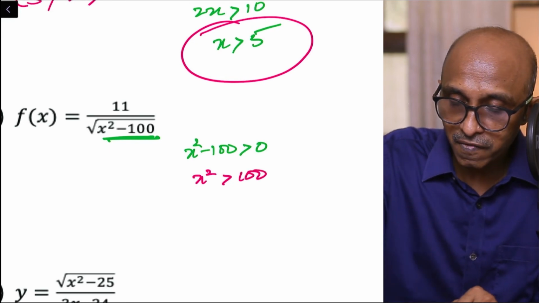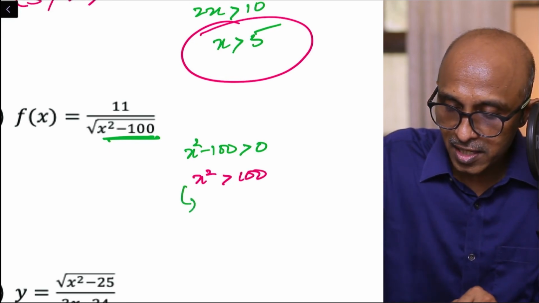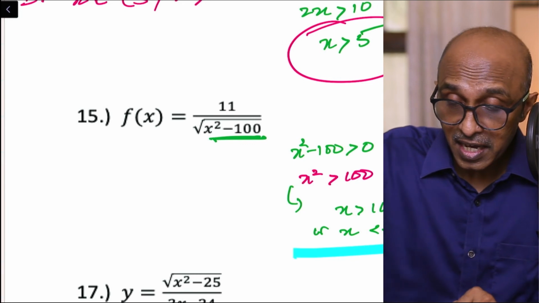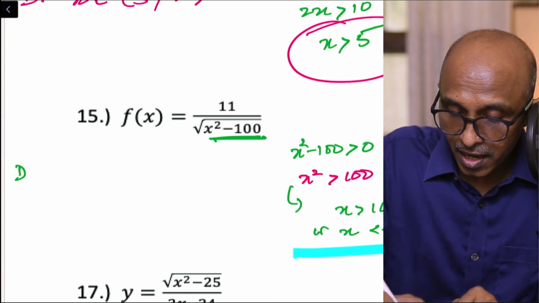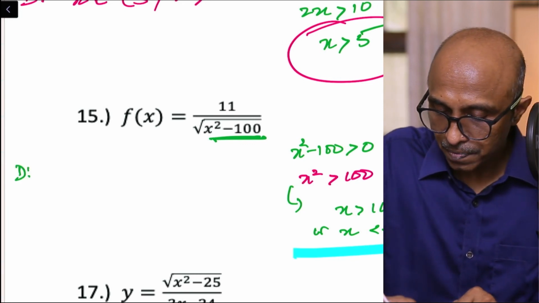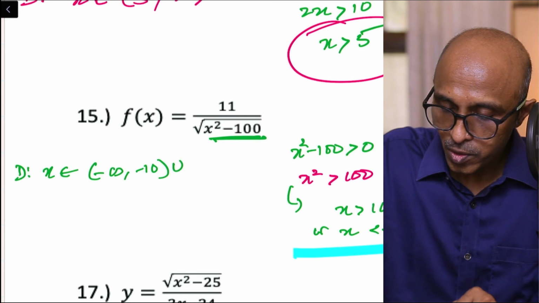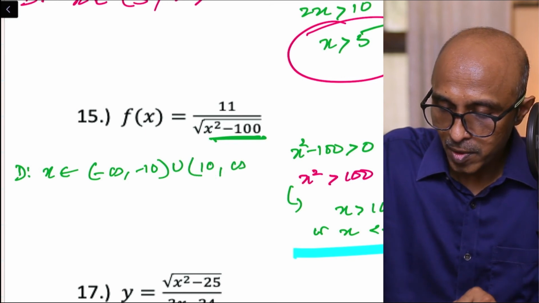Solving further, you should get x must be greater than 10 or x must be less than negative 10. And then when we write that in interval notation, the domain is x belongs to negative infinity, negative 10, union 10, comma infinity.